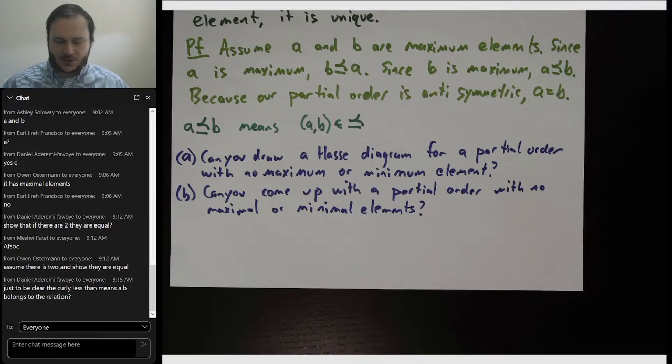Because it's hard to draw things in chat. This is where, if we were in class, I'd invite somebody up to the board to draw a Hasse diagram. But any ideas for either one of these?